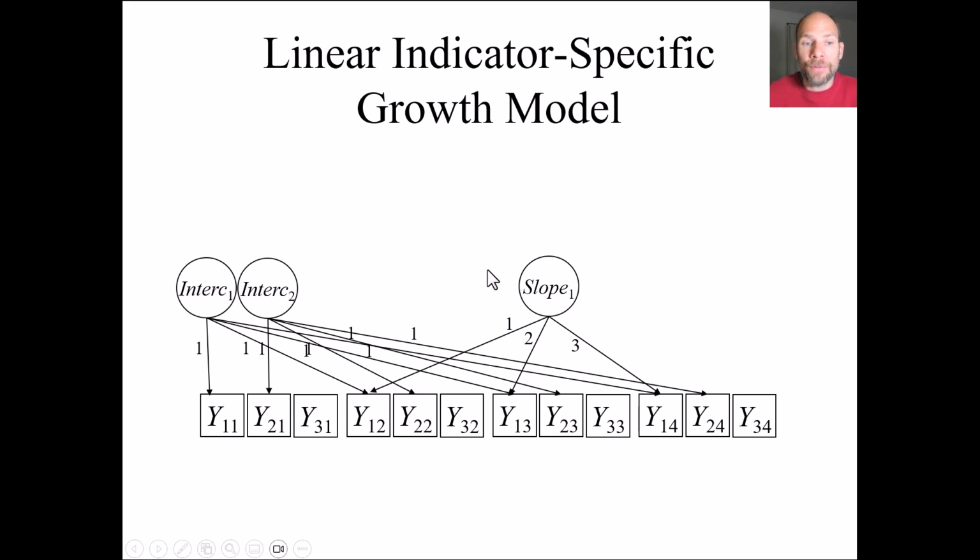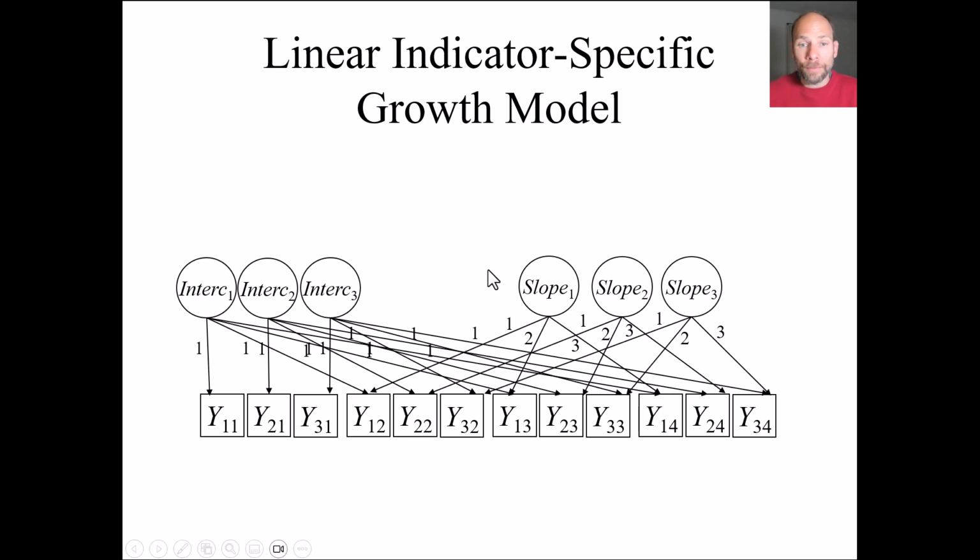And then there's one for the second indicator and one for the third indicator, and so on. So each indicator has its own intercept and slope factor, and they need not all be linear slope factors as well. So there could be some indicators that show non-linear trajectories where you leave maybe the loadings free, or you estimate an additional quadratic component or something like that.